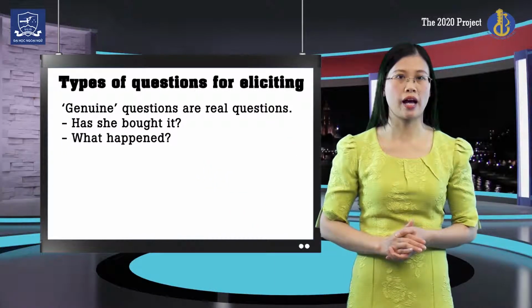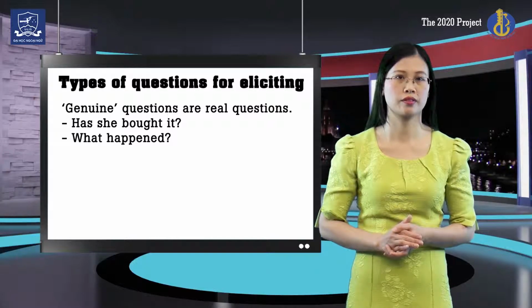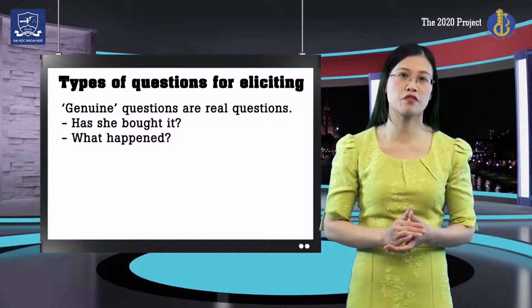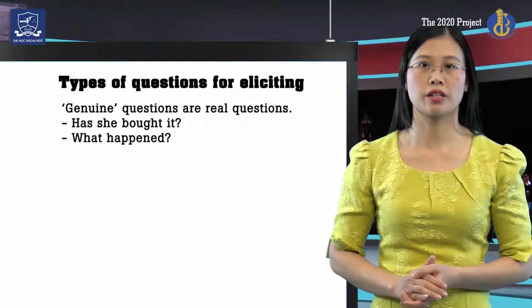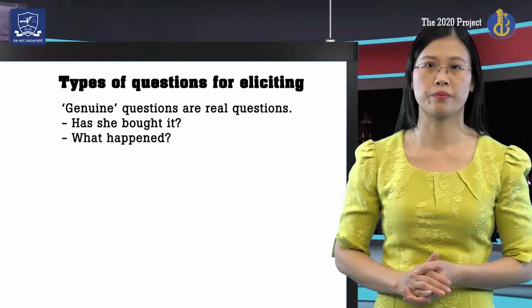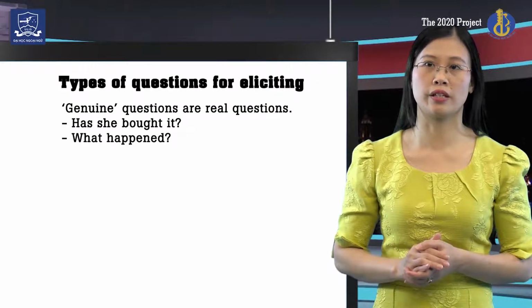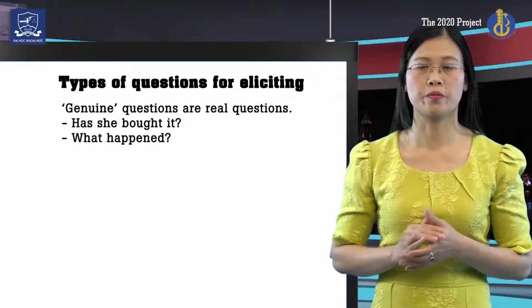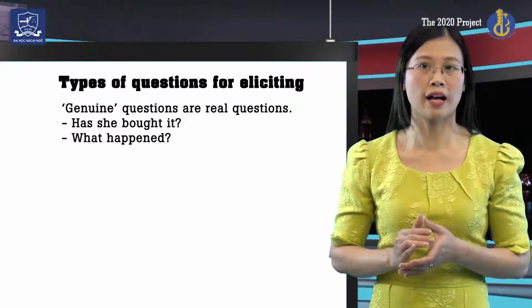Genuine questions are those that offer authentic communication because they involve a real transfer of information. We are likely interested in the message contained in the answer. When asking these questions, the teacher really wants to find out the answer. For example, has she bought it? Or what happened?